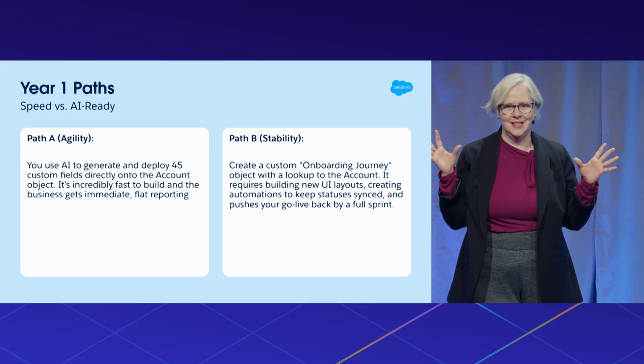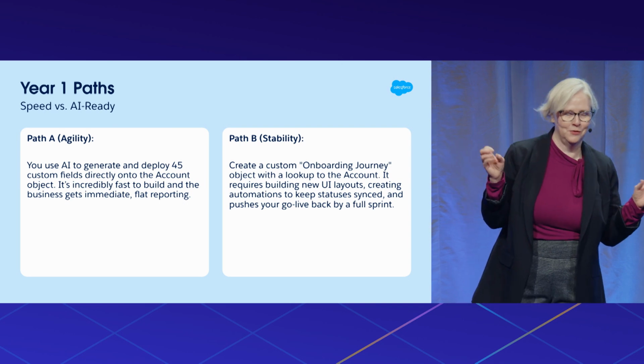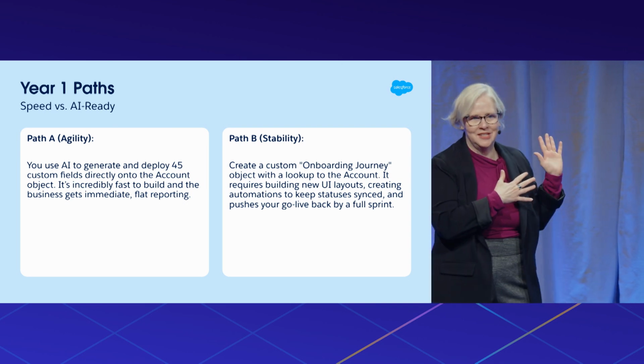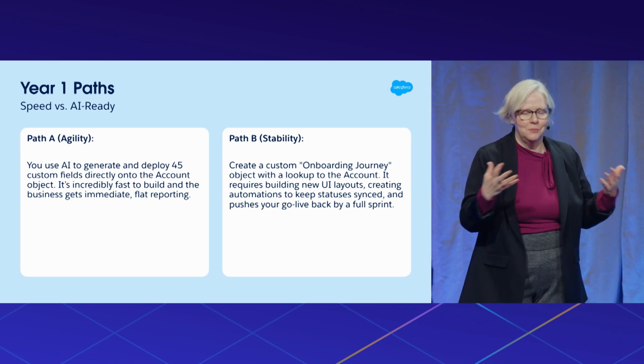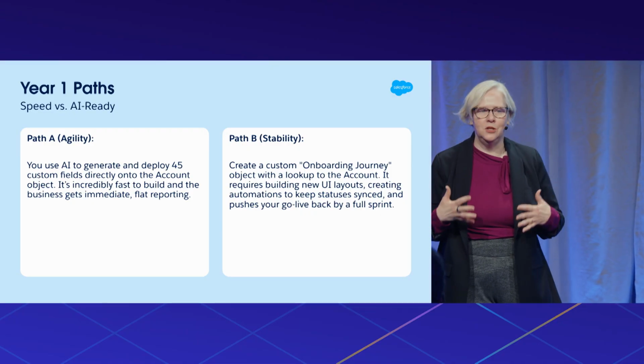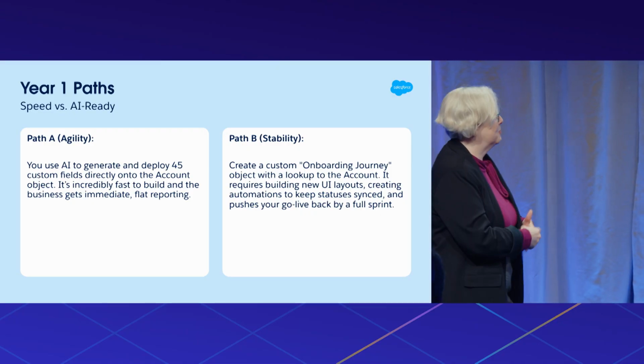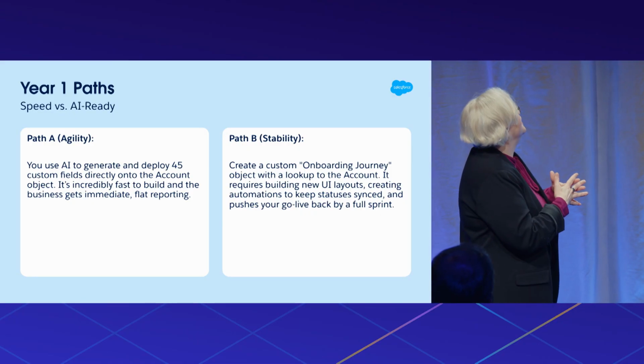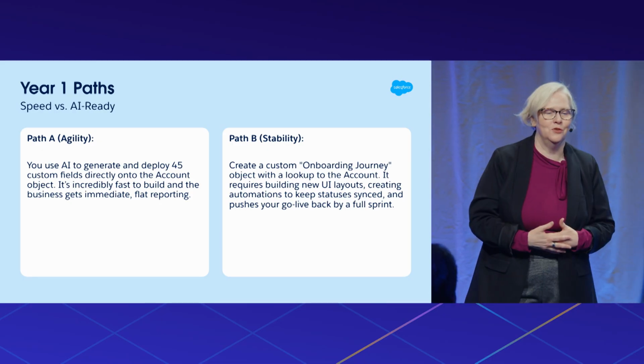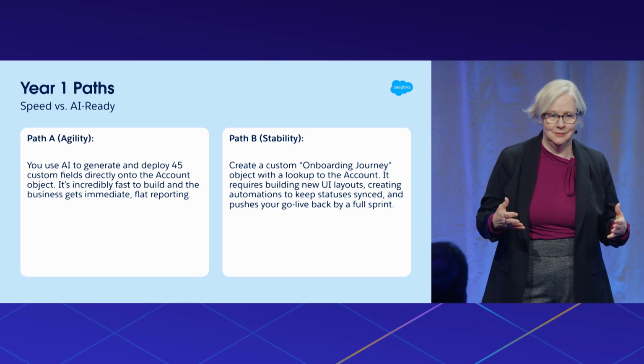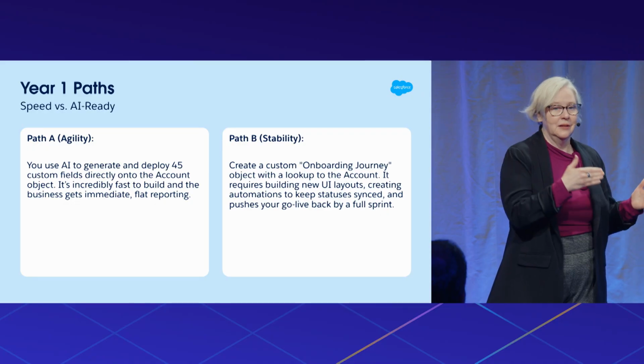Have you all seen these types of choices thrown in front of you? Maybe not this exact scenario, but this is the kind of thing we want to bring up. In year one, you have that pressure. If you go for agility, you've likely created some tech debt, but you hit your deadline, which may be the more important thing, depending on your organization.